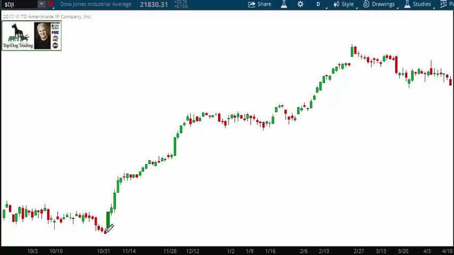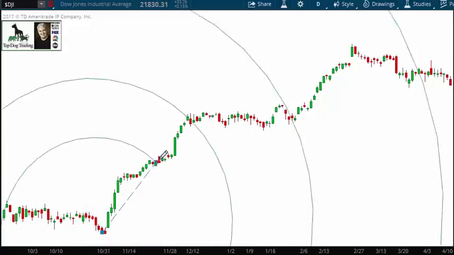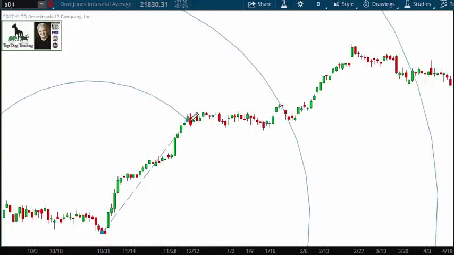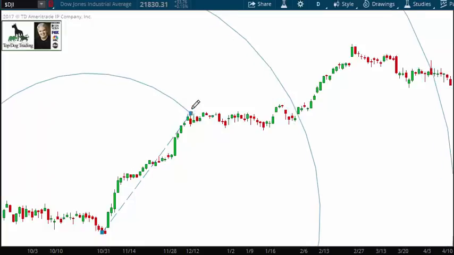We have to click, and we pull it up to the high. Let's get that actual high there and lock it in. Okay, so it's created our spiral as I have shown you before, but now we're applying it directly to the price bars. And as you can see here, it is a projection, a Fibonacci projection out into the future.